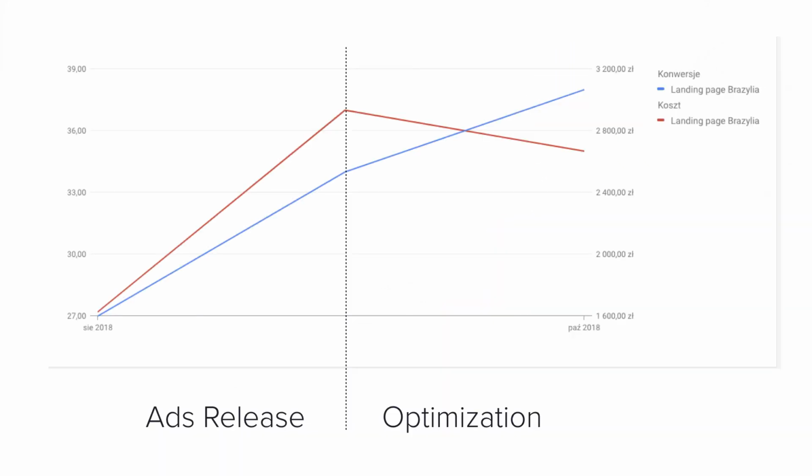So we put some budget to the ads, trying to figure out which countries have a potential to be good funnels in our acquiring process. And as you can see in the second stage, the optimization stage, we decreased the costs of our campaigns and actually increased the number of conversions. So this is it. This is the main topic that we were discussing today.